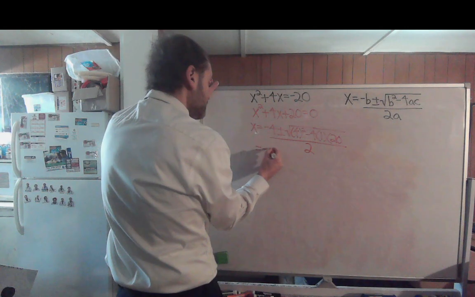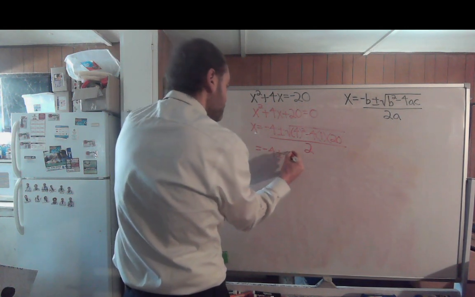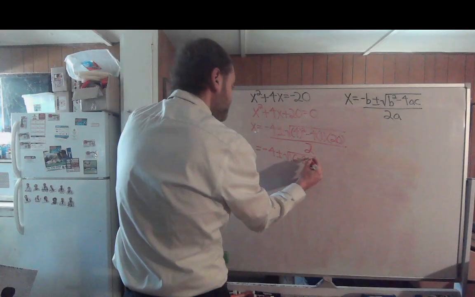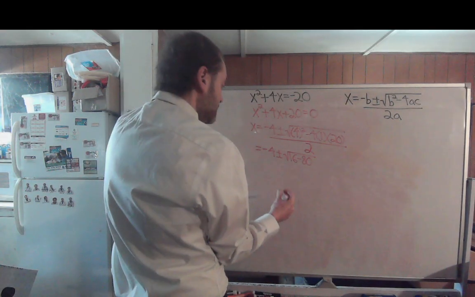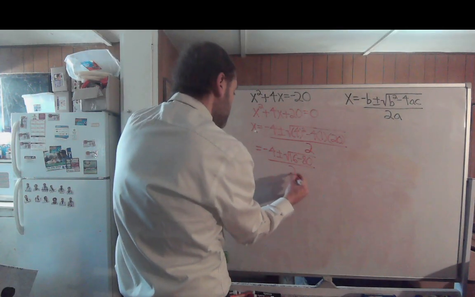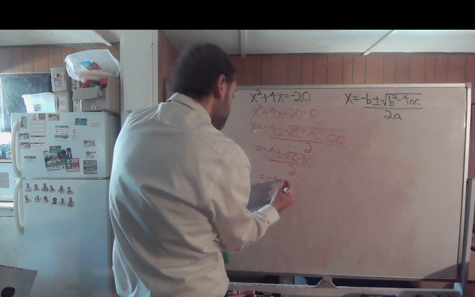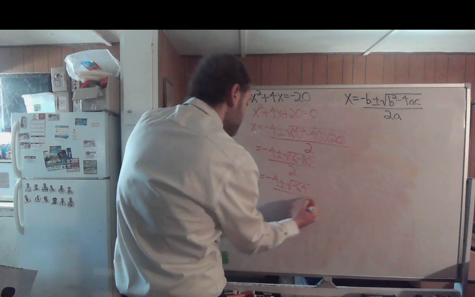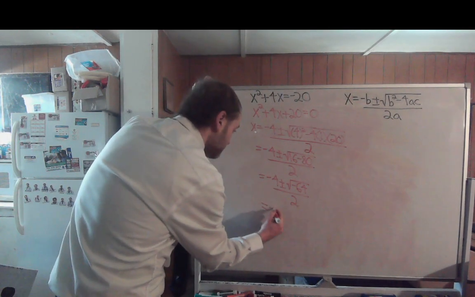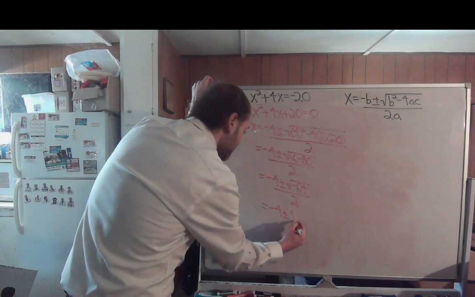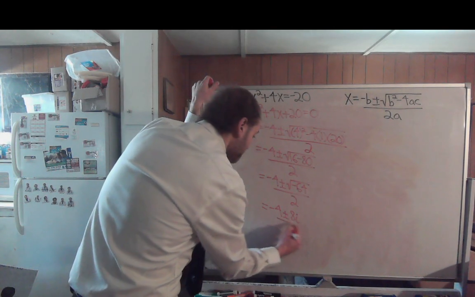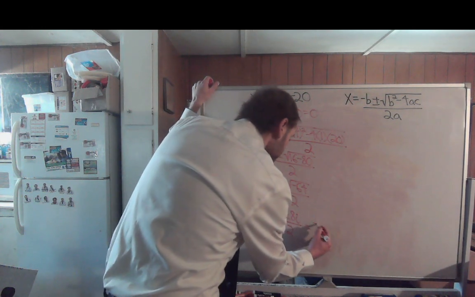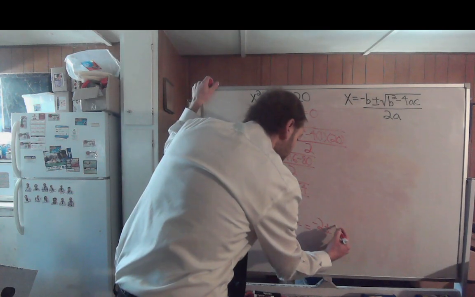So that's going to equal negative 4 plus and minus the square root of 16 minus 80, all over 2, which would equal negative 4 plus and minus the square root of negative 64, all over 2, which would equal negative 4 plus and minus 8i over 2, which can reduce down into negative 2 plus and minus 4i.